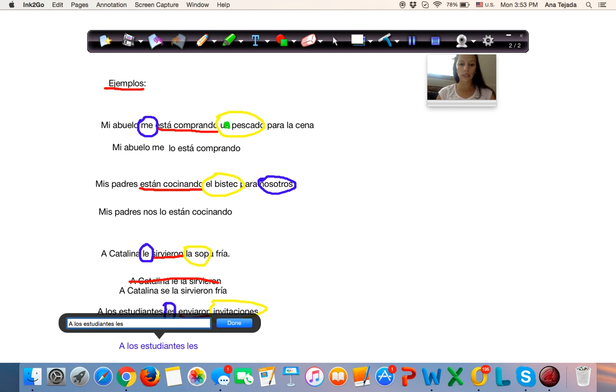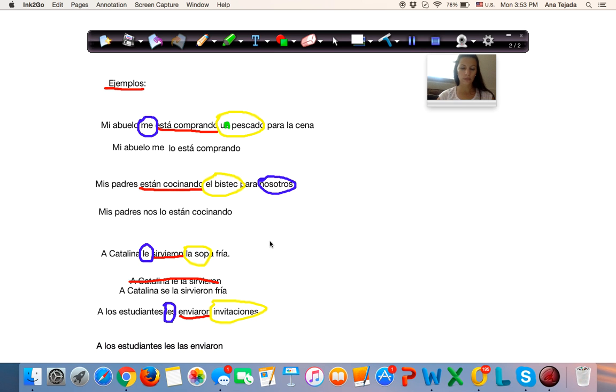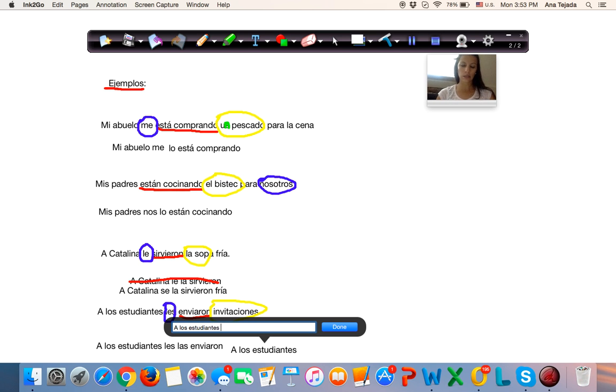And it's plural. So, las enviaron. Okay, muy bien. So, again, we would have les las. This is wrong. So, what's going to happen? A los estudiantes. What happened with les? Se las enviaron.